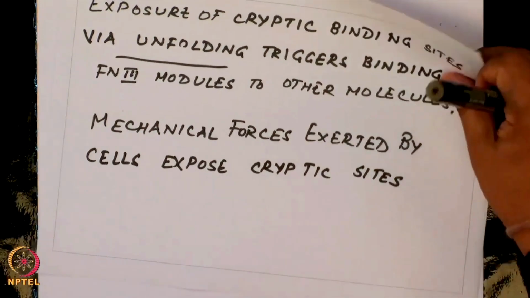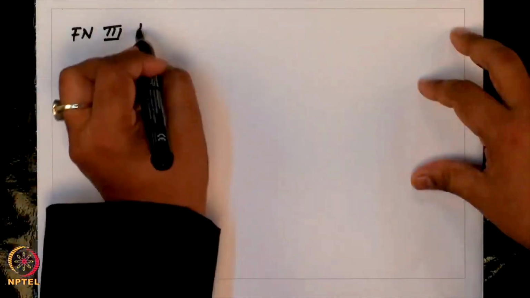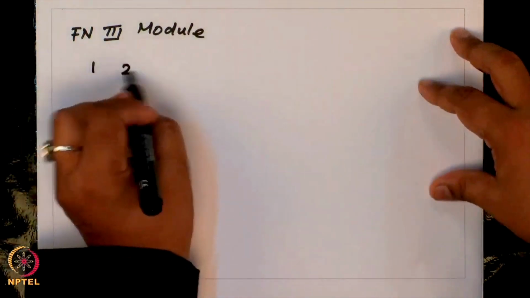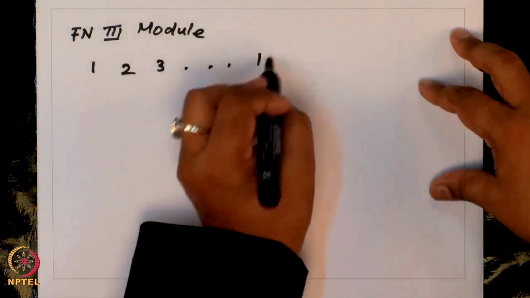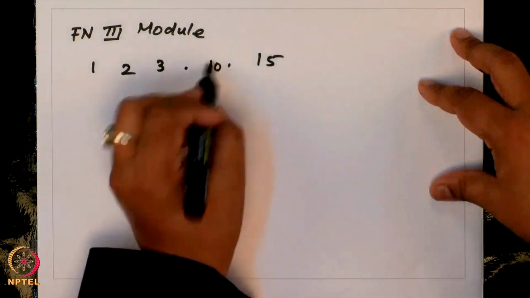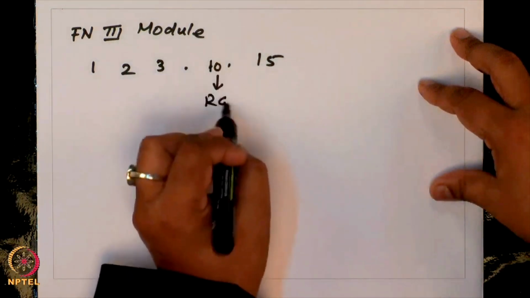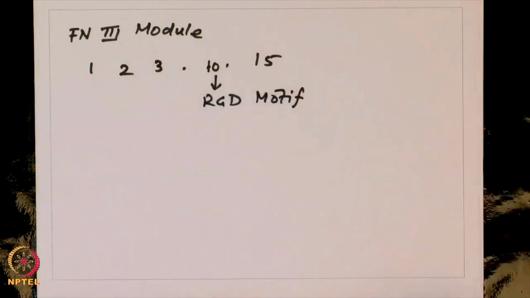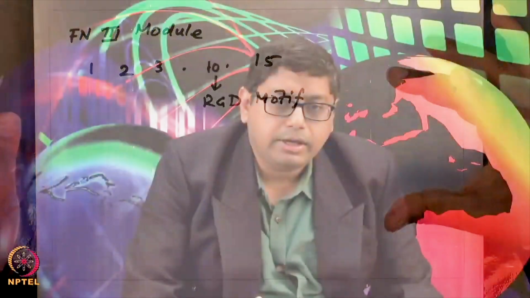So, this raises a possibility. You have FN3 module which has these domains 1, 2, 3 up to 15, and out of this, domain 10 contains the RGD motif. For the same molecule, imagine you have 3 different types of cells which have different capability to exert forces.